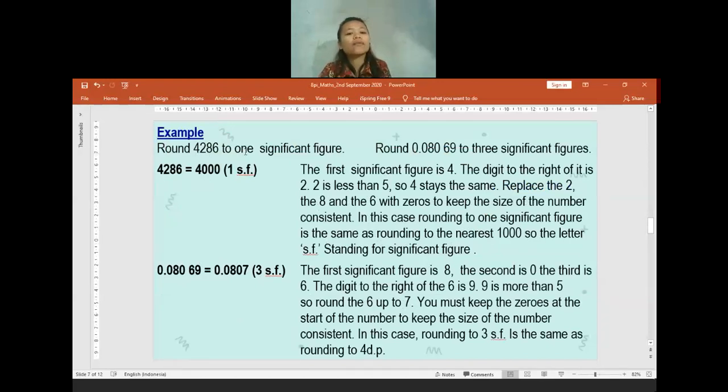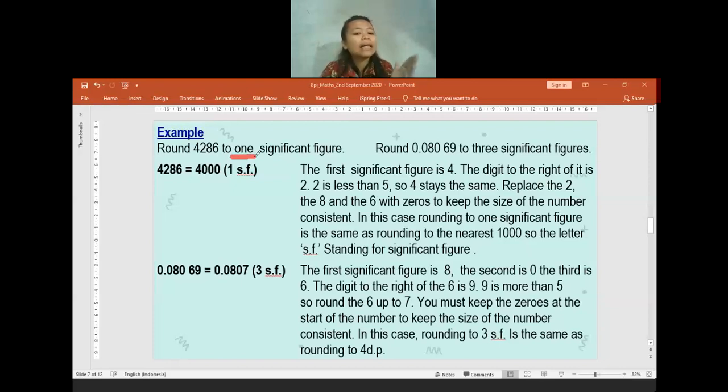So for the example here, we have 4,286. We have to round off the number to one significant digit. Okay, thank you for telling me. So we have 4,286, and we have to round off to one significant figure.